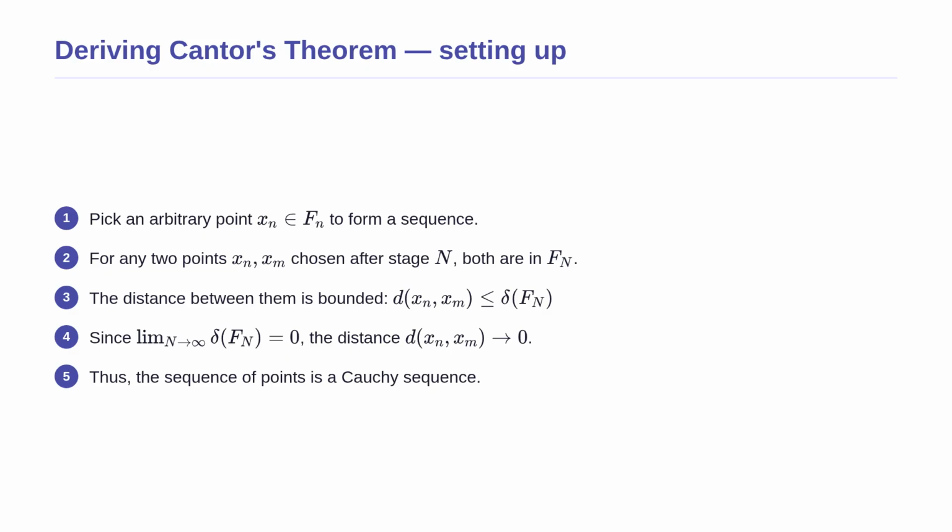Because the sets are nested, if we look at any 2 points, xn and xm, chosen after a certain stage n, both of those points must actually live inside the set Fn. Therefore, the distance between them must be less than or equal to the diameter of Fn. Since we know the diameter shrinks to 0, the distance between our points also shrinks to 0. This makes our sequence a Cauchy sequence, meaning the points are bunching up infinitely close together.